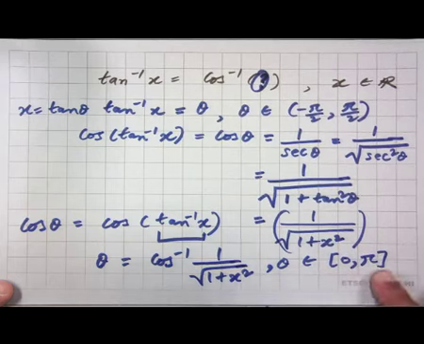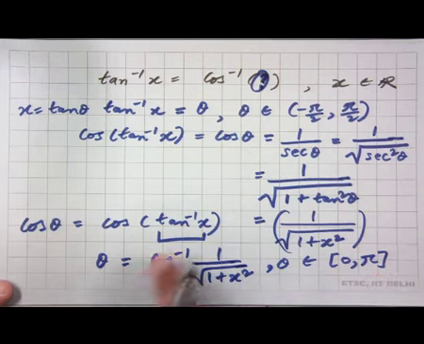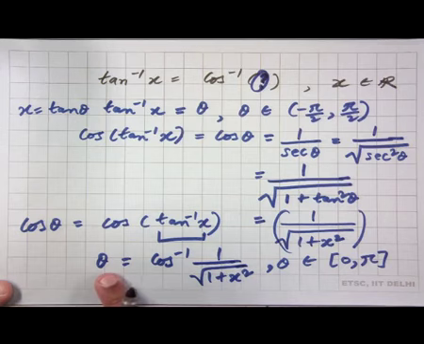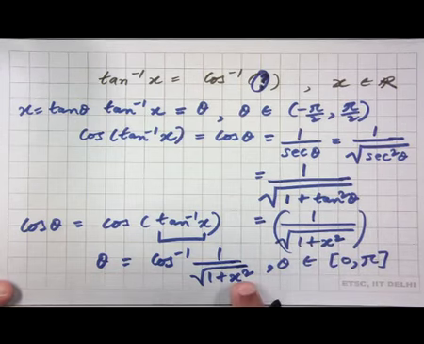The interval 0 to pi is actually the range set of the cos inverse function. So, only if this theta belongs to the range set of the cos inverse function, only then we can write theta to be equal to cos inverse of this quantity. Otherwise, we cannot write this.